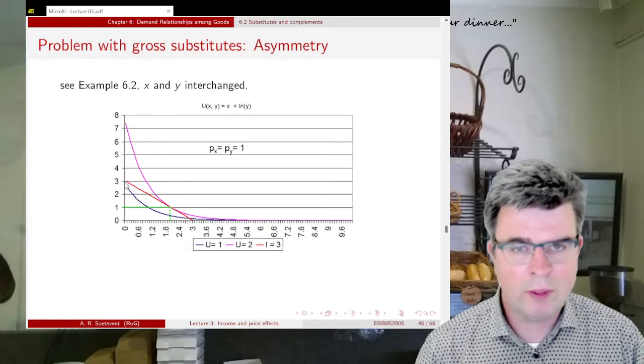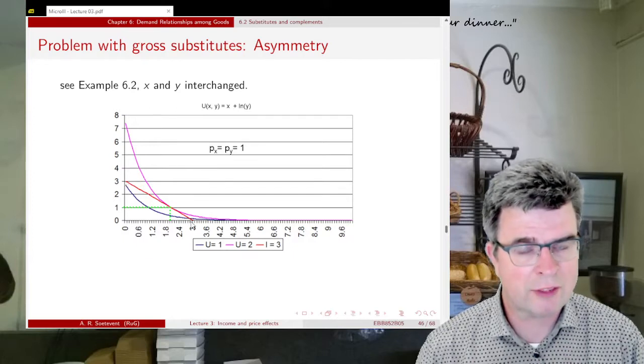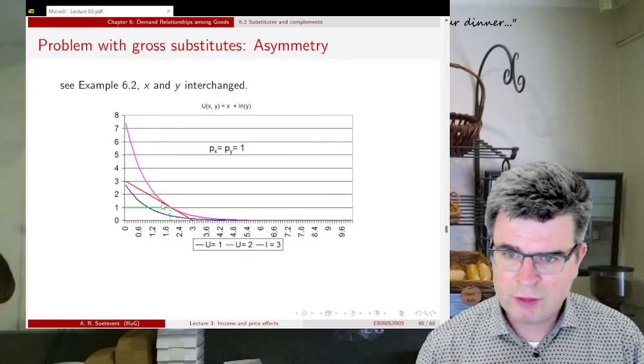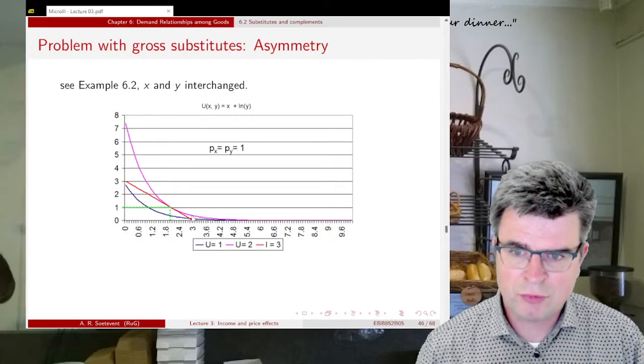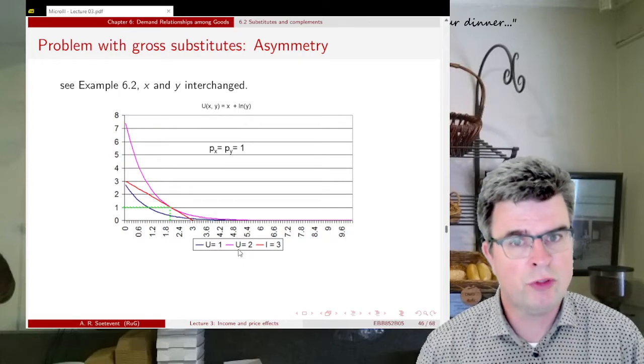So spending all income on good Y gives you 3 units. Spending all of your income on good X gives you 3 units as well. So this is the budget constraint. And given this budget, the highest indifference curve that we can reach is this one, associated with utility of 2.